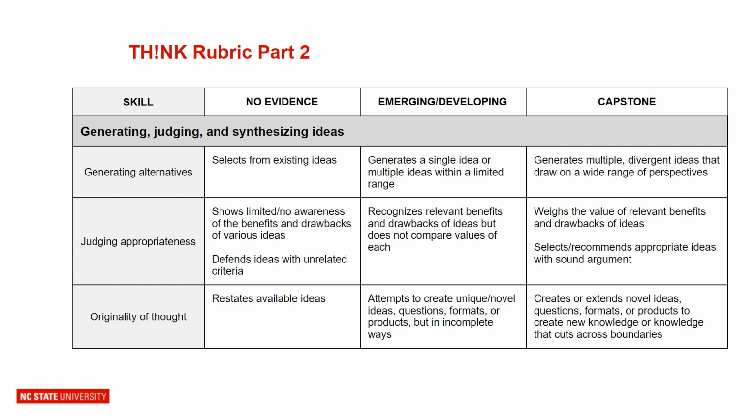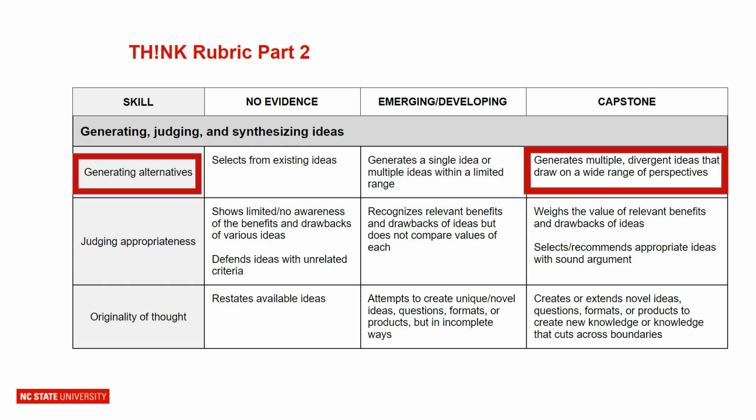Continuing with the rubric, we are evaluating generating, judging, and synthesizing ideas. So for the skill of generating alternatives, the capstone is: generates multiple divergent ideas that draw on a wide range of perspectives.